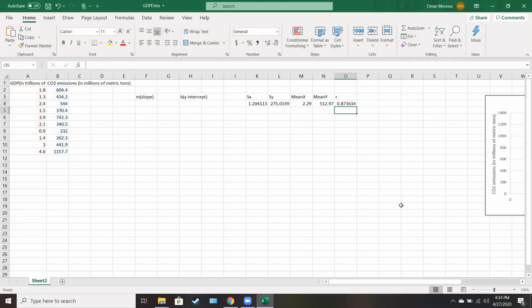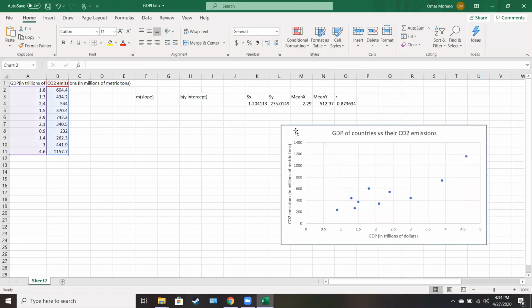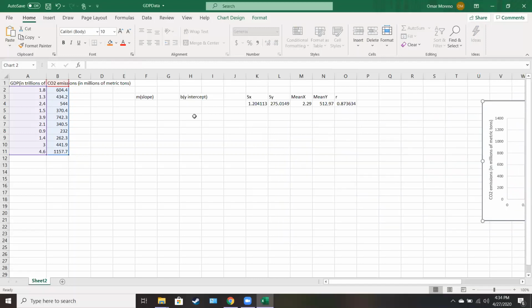And that'll give me a positive 0.87 for my correlation. So they're pretty linearly associated. They seem kind of spread out, but for the most part, you can imagine a line that crosses pretty close to most of the points.